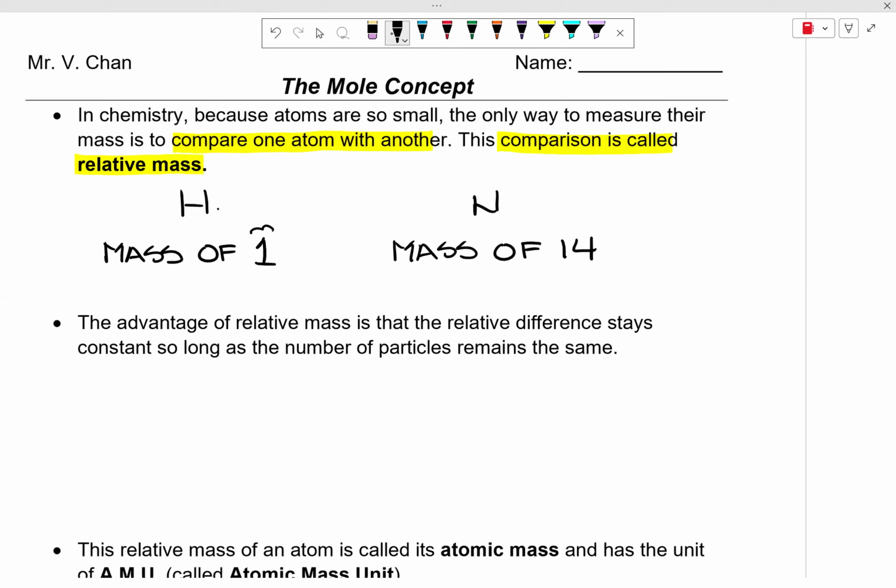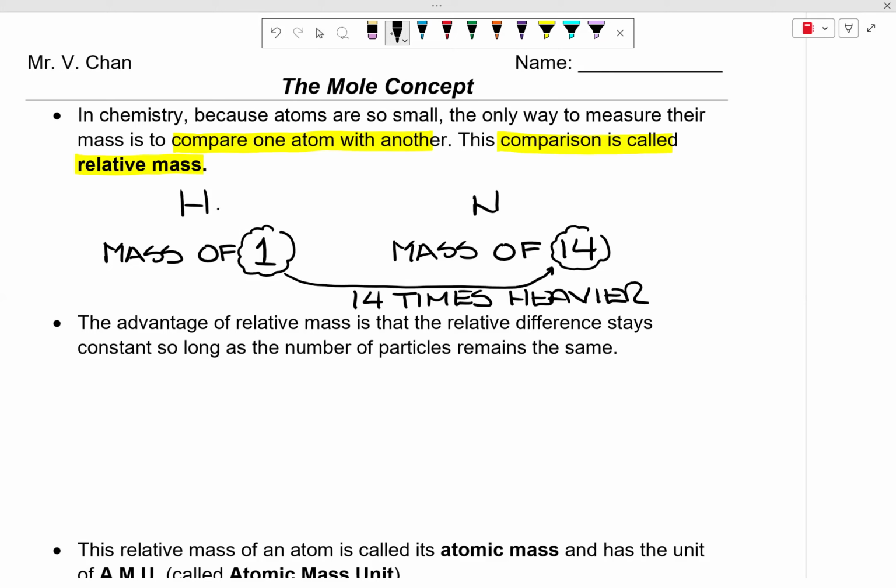Now, why is it a mass of 1 and a mass of 14? How do they get that number? It's because nitrogen is 14 times heavier than hydrogen. So that is why it was given the mass of 14.